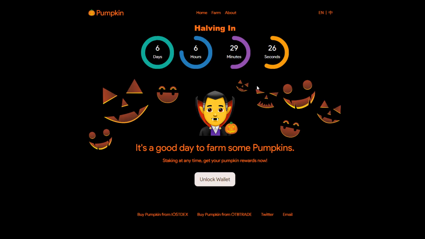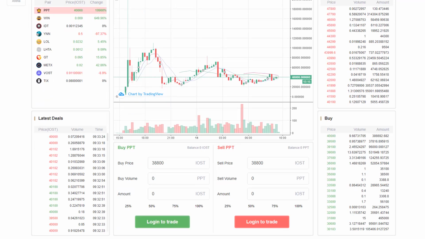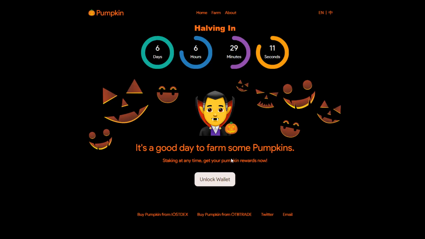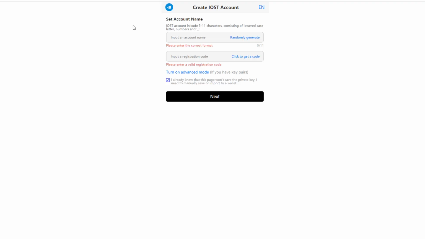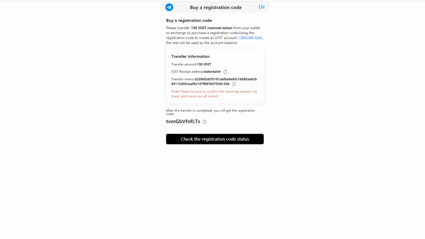So you've got to buy this. This is the actual returns at the moment. If you look at the price, this is the PPT. This is the pumpkin. This is what you're mining, right? To get this, you've got to get this wallet, which is called iWallet, and then to get this iWallet, you've got to send 150 IOST to register it, and then once you send 150 here, you can get this registration code.